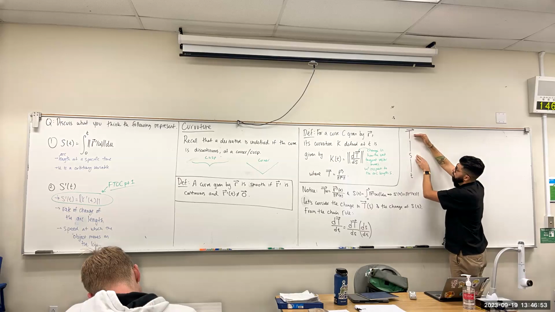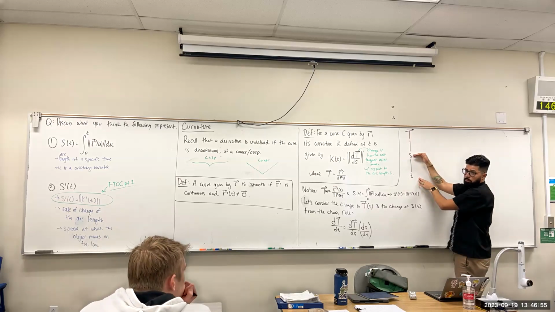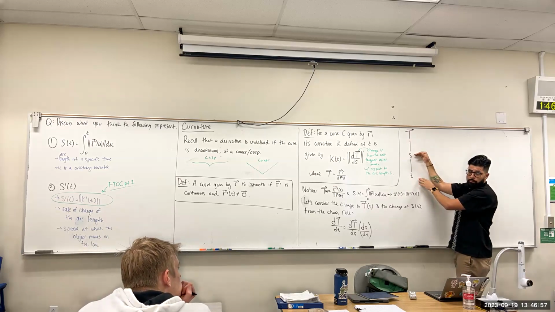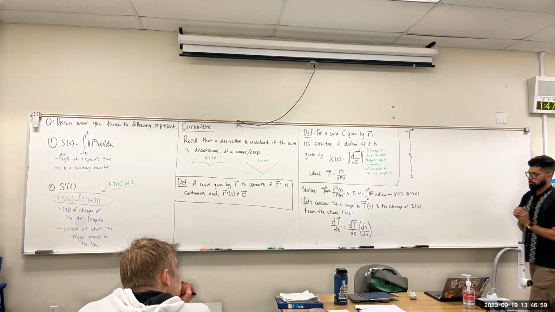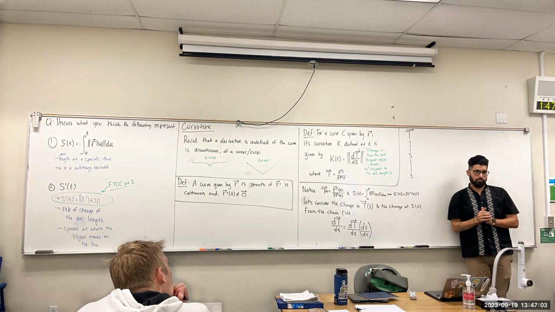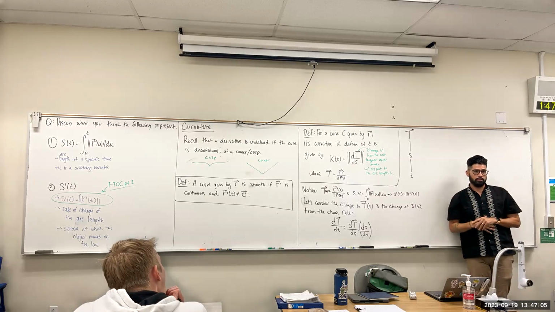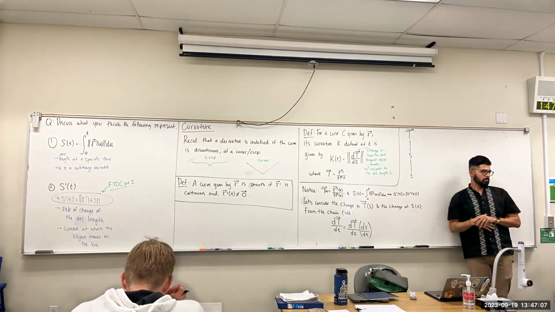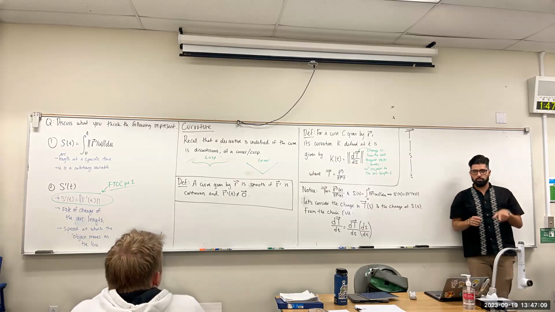I multiply the rate of change of these two times these two. Questions so far? It's heavy with theory. I'm sure your question will be like 3 other people's questions.